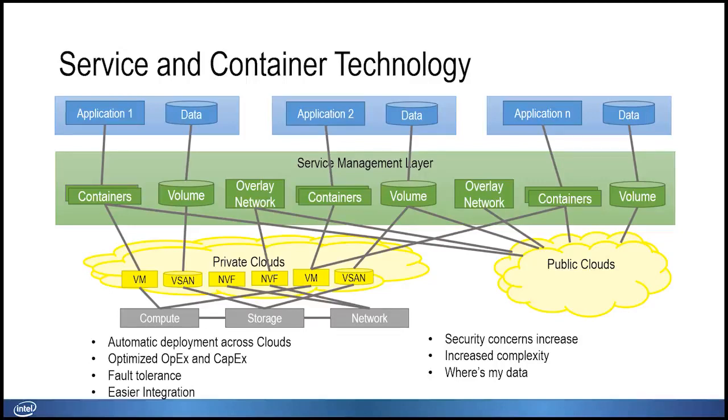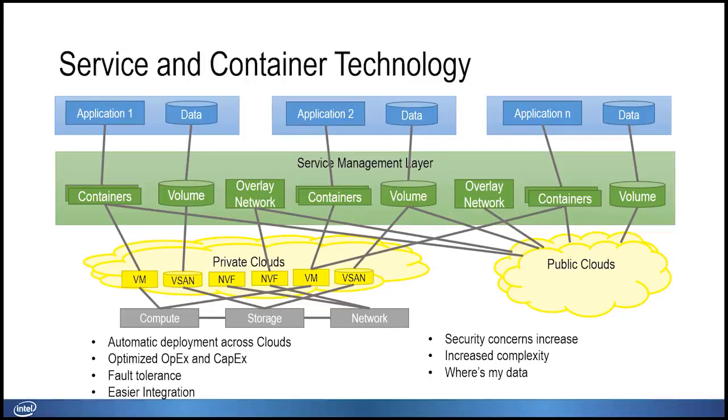So we're seeing this large emergence here. It's really cool, and we've seen a consolidation in this marketplace, and the main winner on this is Kubernetes as far as the service management layer goes, which is great news because we have almost like a de facto standard out there on how this all works together.